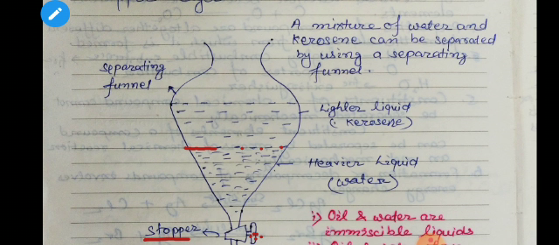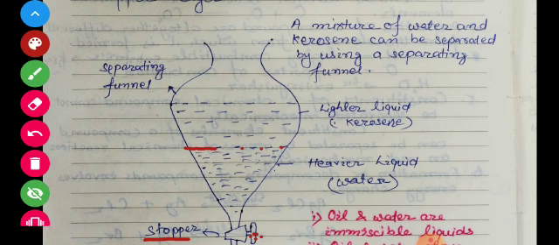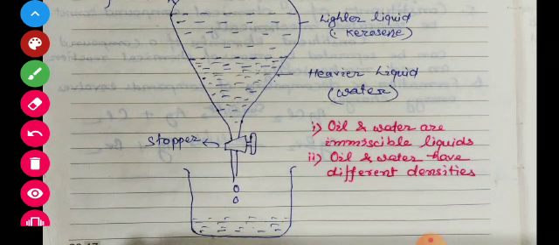So in this way we can separate both the substances from the mixture. You can see in the lower container water will get separated, and in the conical flask the lighter substance, that is kerosene oil, will remain left over.